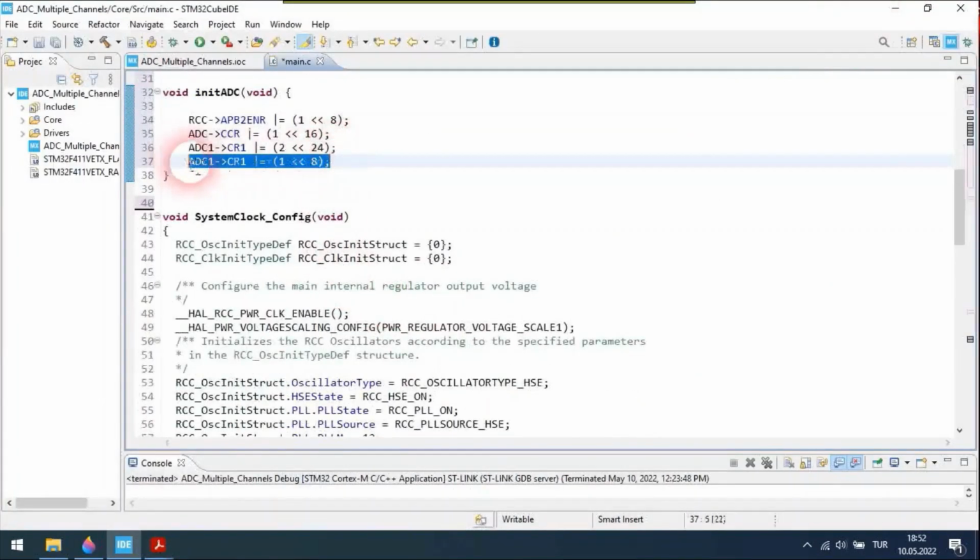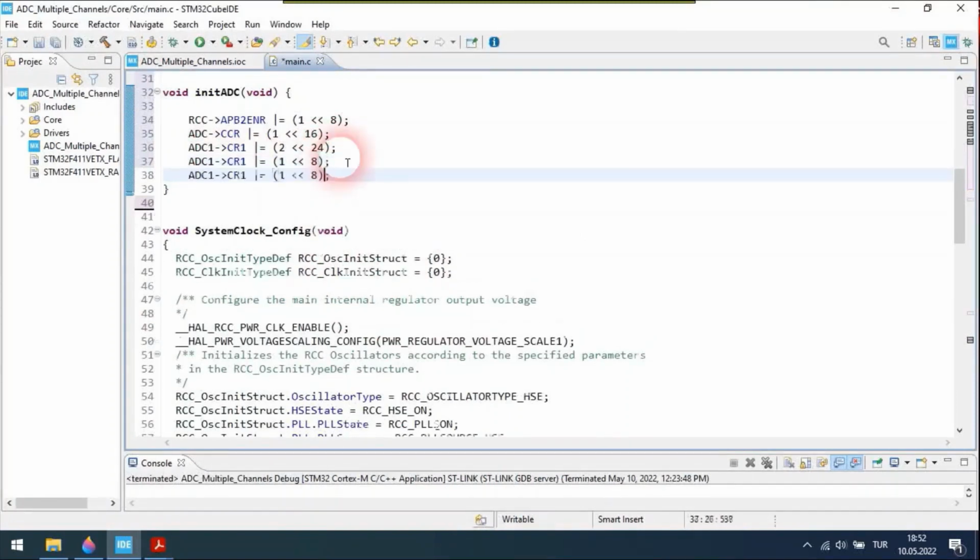If I chose left alignment, I would have to shift value 8 bits to right, because data register is 16 bits register and there was going to be empty bits.